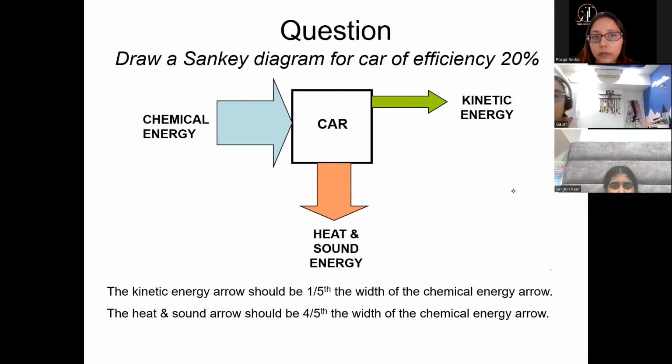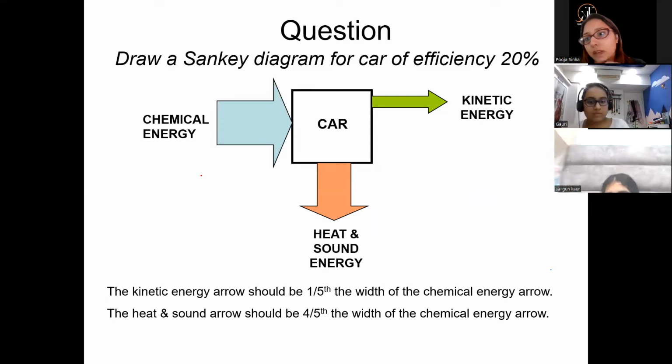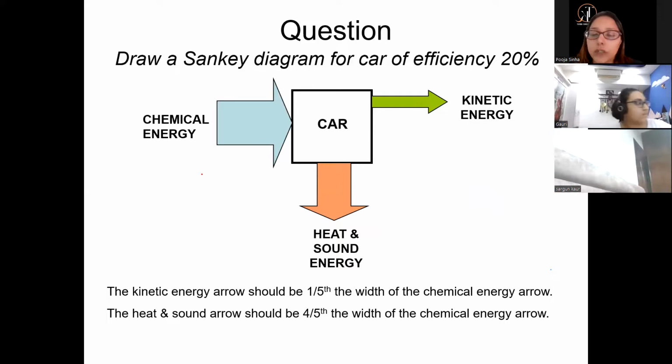Okay. So I'll give you another question now since this is already drawn. Please draw a Sankey diagram for a machine which works at 30% efficiency. Instead of car, now it is a machine.